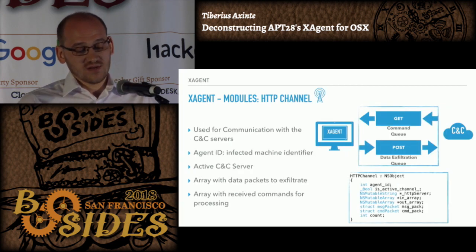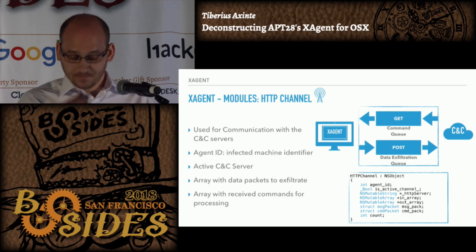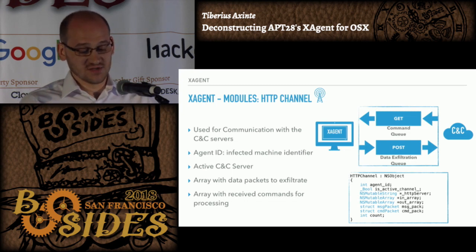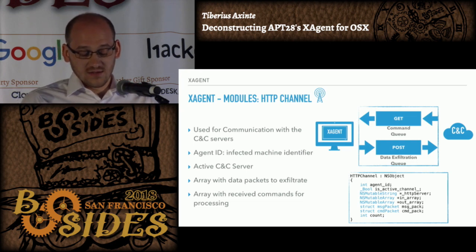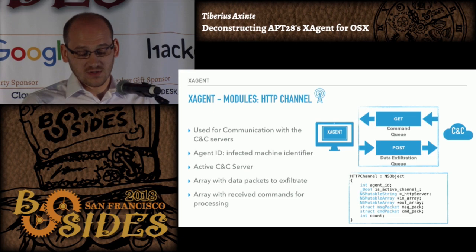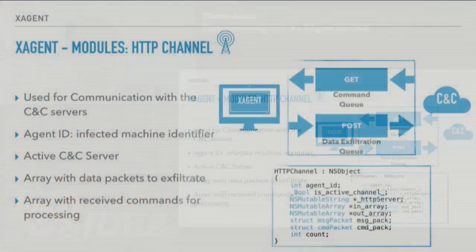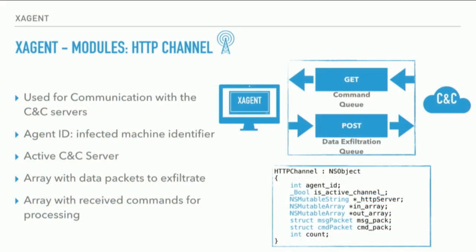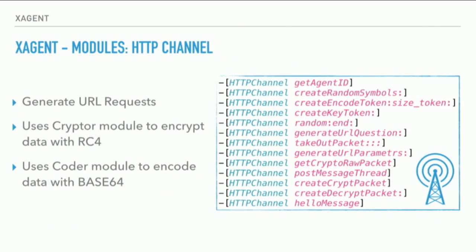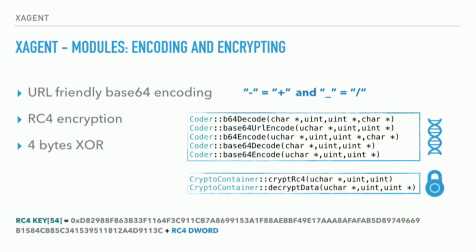Using the HTTP channel module, XAgent communicates with the CNC server through those two get and post threads, and a class called HTTP channel that stores some fields, like the active channel for communication, arrays for commands, and arrays for data to be exfiltrated. Before sending any message, this channel will encrypt and encode it using the encoder and encryptor modules.